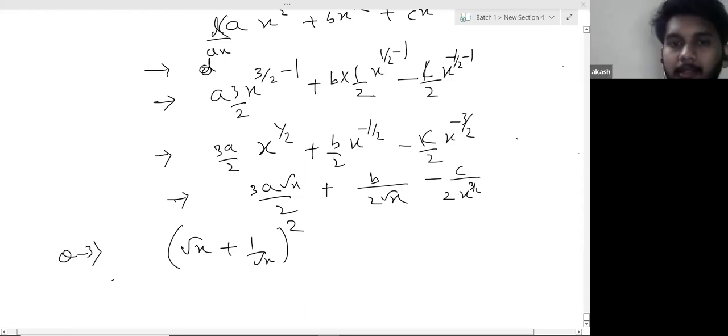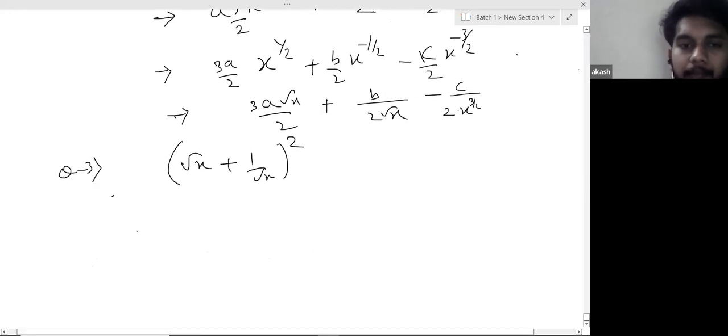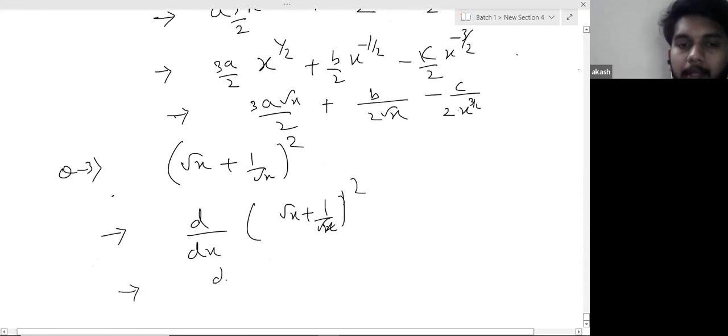Solve this. This is a very easy question. Differentiation of under root x plus 1 upon under root x whole square. What you can do here is open this.